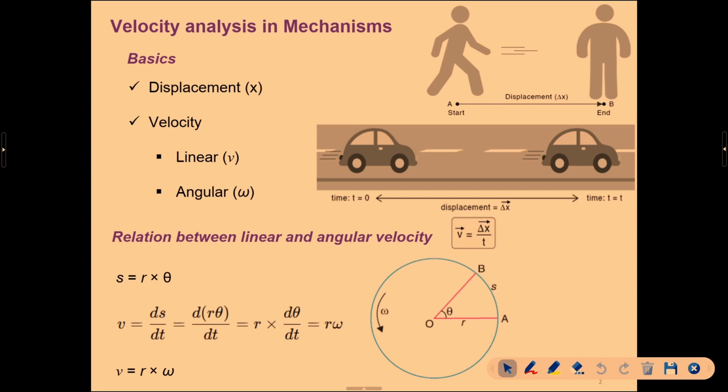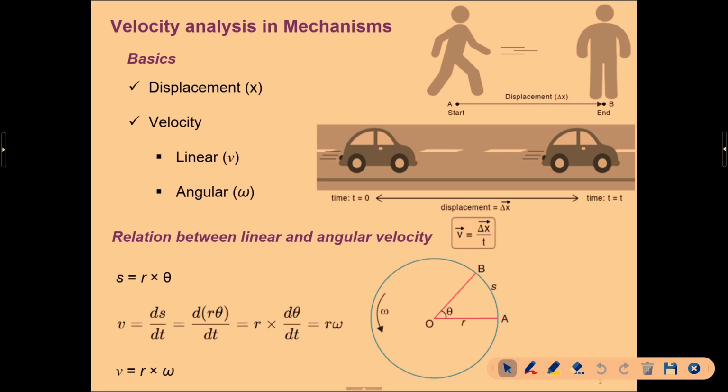Let the path have a radius of r. The distance s, angular displacement theta and radius r can be related using the basic physics relation called the sector length relation, s equal to r into theta. This sector length formula is used to relate the linear velocity with the angular velocity.